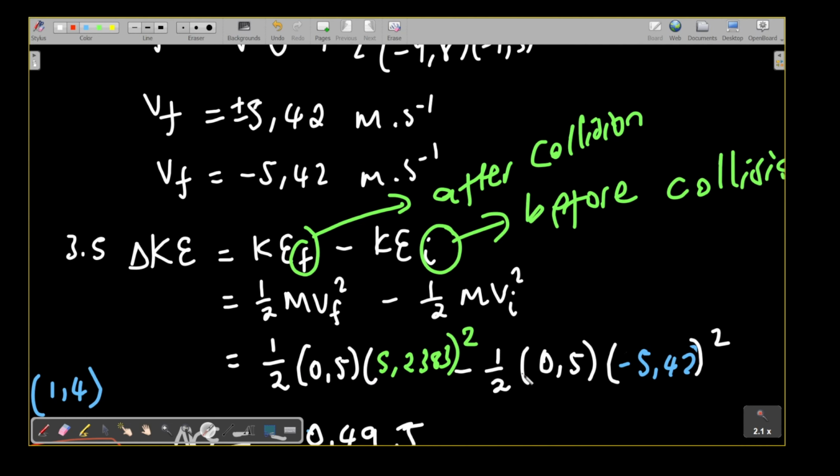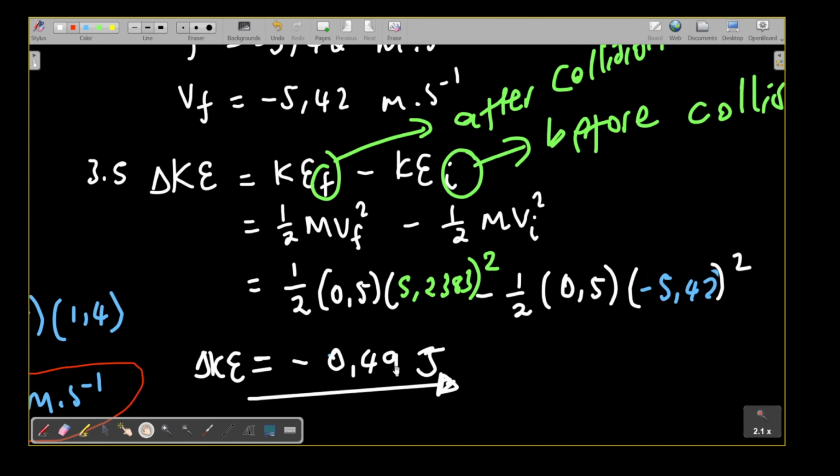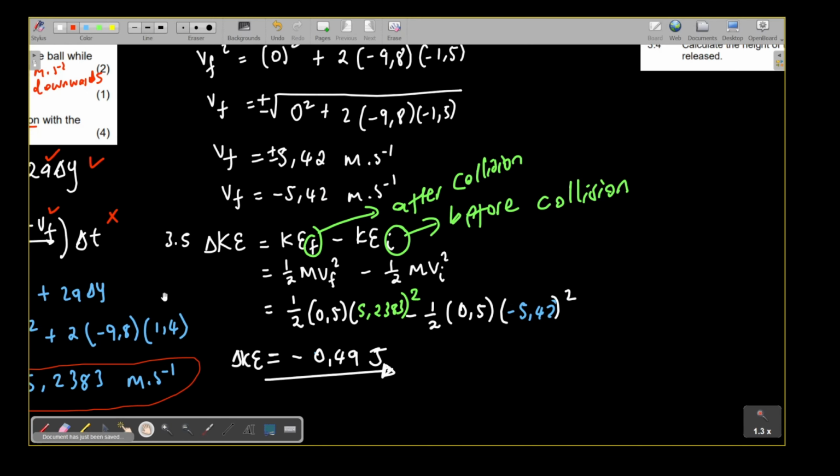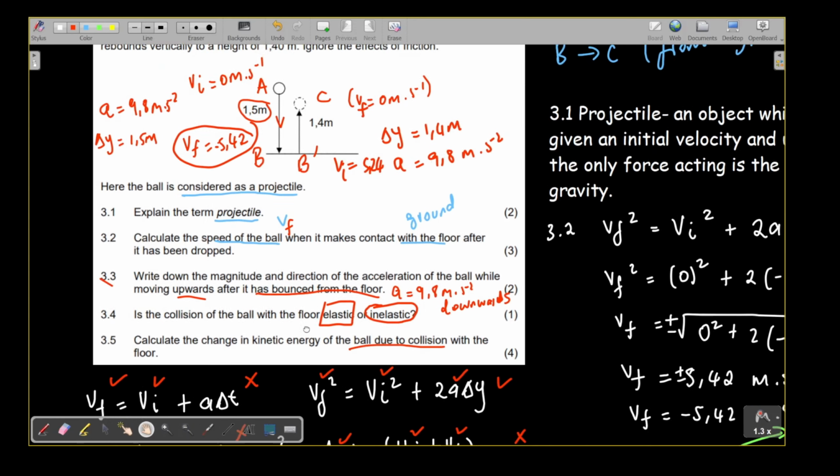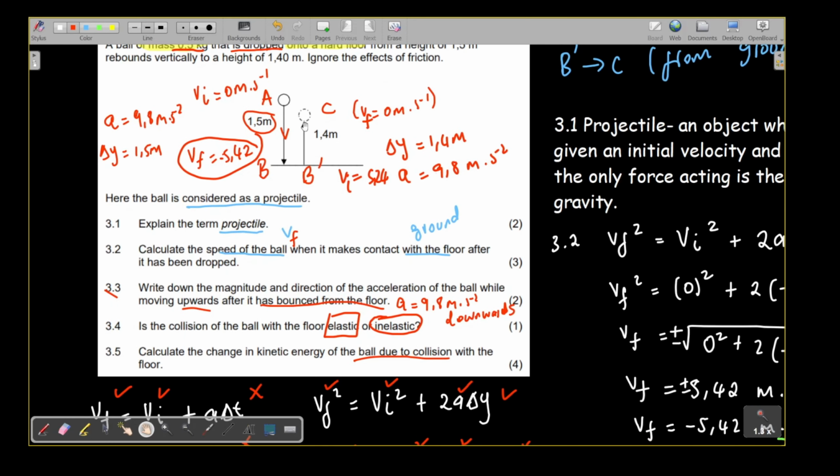We use those two velocities to get an answer of negative 0,49, and this negative sign tells us that the ball lost energy. Which makes sense. It lost 0,49 joules, because it only went up to 1,4 meters instead of the 1,5 meters it was dropped from.